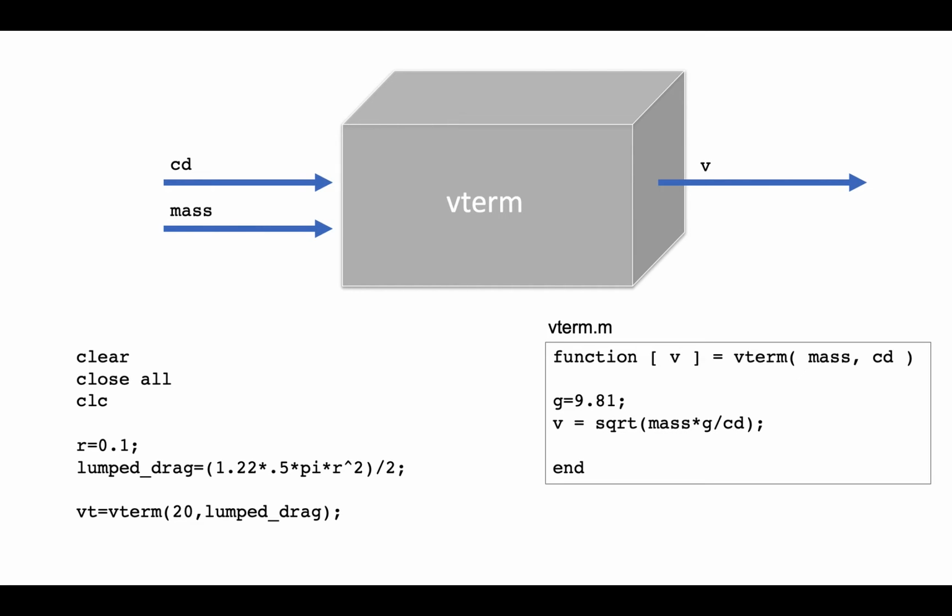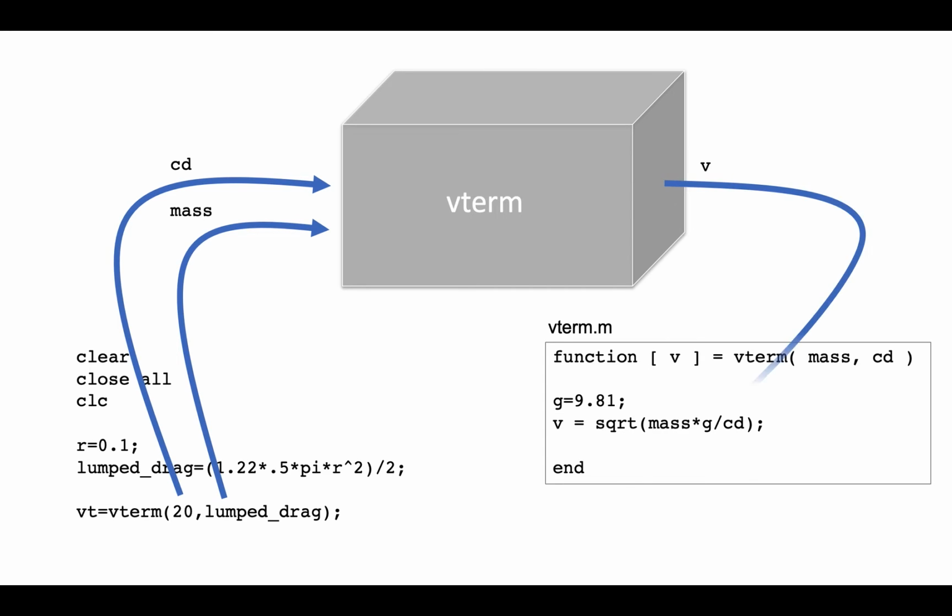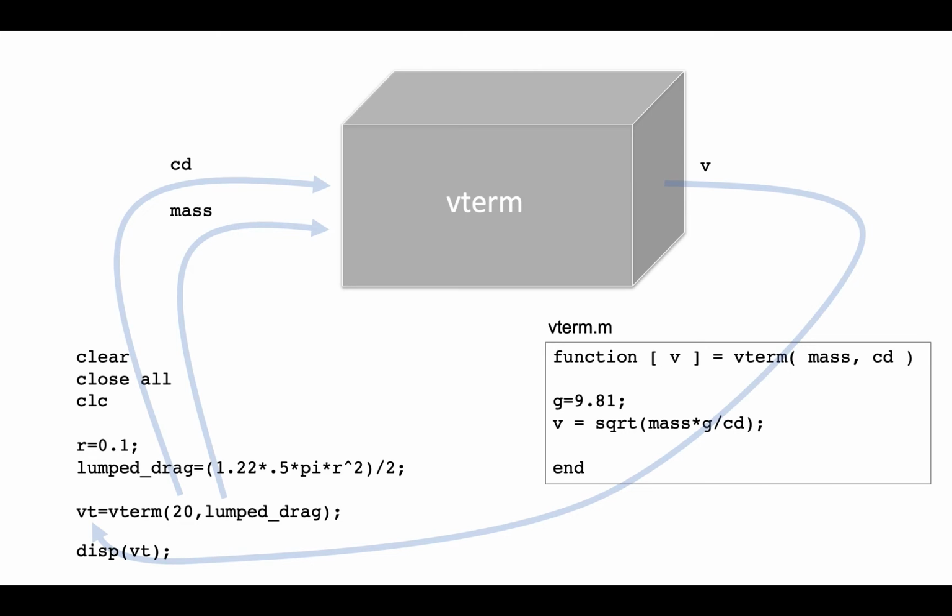And then v is outputted and saved in your script as vt. You might then display vt. This will just display the value that was calculated in your function. Then you could save this script as vscript and just make sure that vscript and vterm, your script and your function, are saved in the same folder.